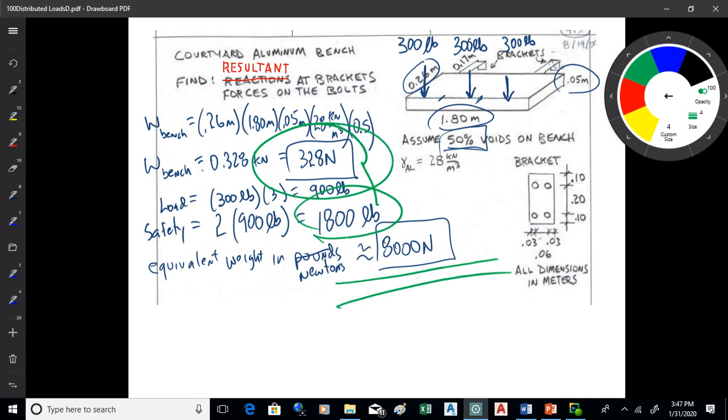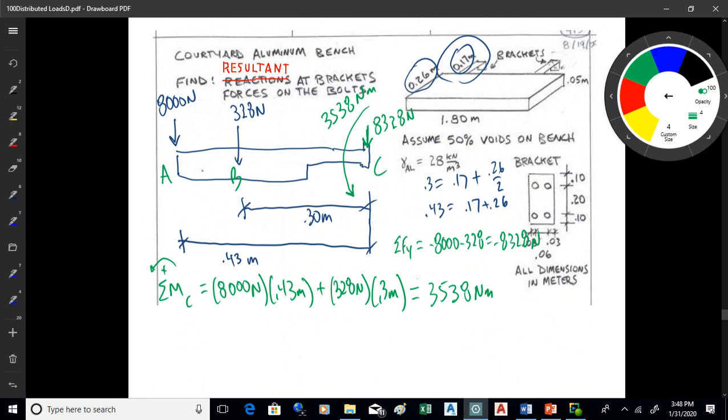Well, specific weight is weight per unit volume. You multiply that by volume to get the actual weight. The 50% voids on the bench is the 0.5 you add. Yeah, right, because it's got holes in it. We good? Yep. All right. We doing all right? Okay.